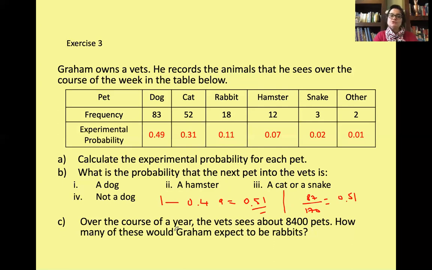C, over the course of a year, the vet sees about 8,400 pets. How many of these would Graham expect to be rabbits? Now, the probability of seeing a rabbit is 0.11. So the answer to this one is going to be 0.11 times 8,400.